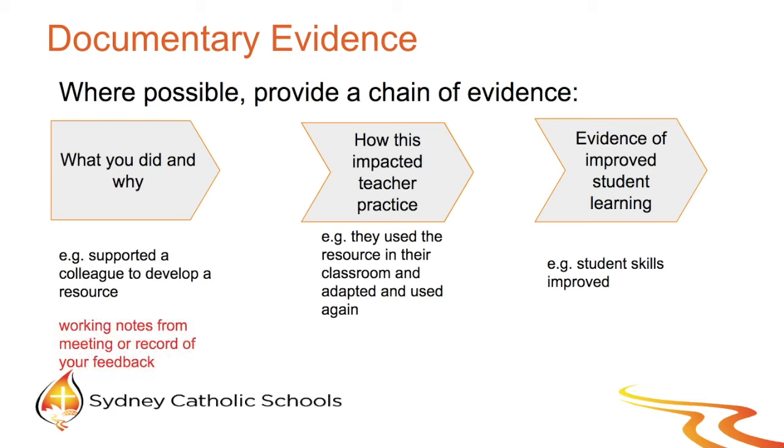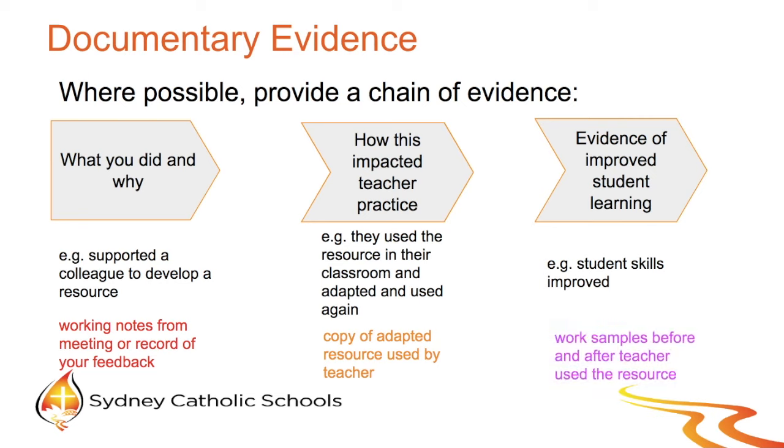So for this first step, perhaps it might be working notes from a meeting or a record of your feedback to the teacher, or the annotated resource which had been developed and evaluated. In the second step, how to evidence the impact on teacher practice, a copy of the adapted resource used by the teacher after they'd trialled your resource might be a useful piece of evidence.